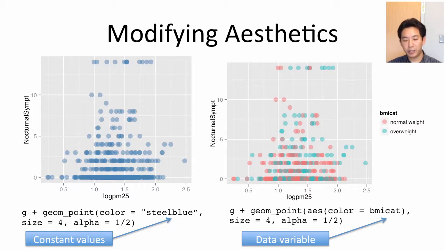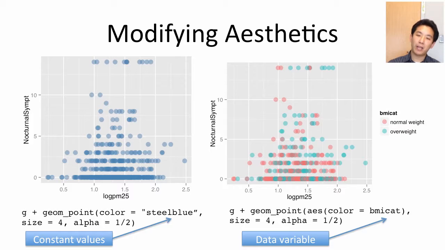On the right hand side here, you can see that the plot looks similar, but there are 2 colors now, and each of the colors corresponds to whether the child is overweight or normal weight. And so now when I call geom_point, rather than say just color equals BMI cat, which would assign the category of BMI to be a different color, I have to wrap it in this aes function, which stands for aesthetics.